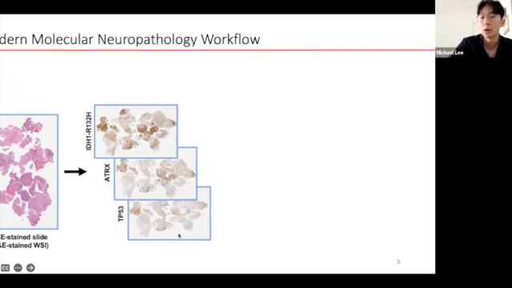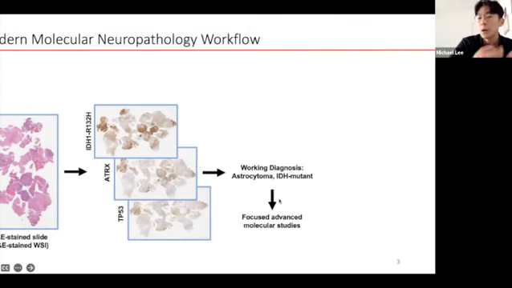These are relevant for a type of brain tumor called glioma. Based on the results of the immunohistochemistry, he can come up with an ultimate diagnosis, such as anaplastic oligodendroglioma or astrocytoma that's IDH mutant. From there, you can also do other molecular studies like sequencing, just to confirm or dive even more in depth about what type of brain tumor or cancer this is.